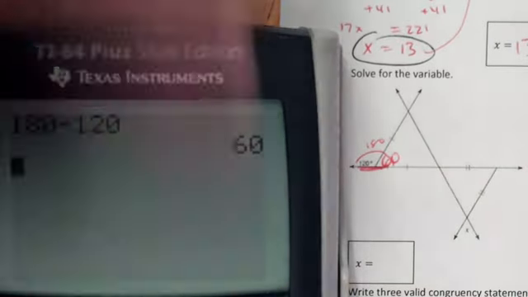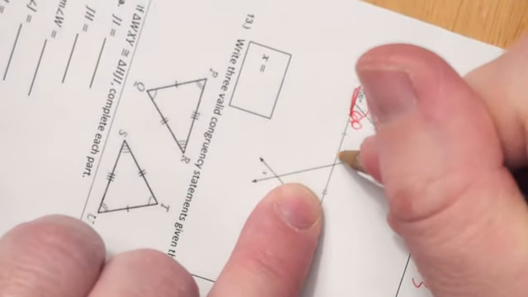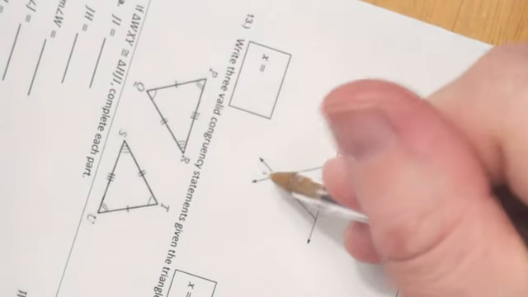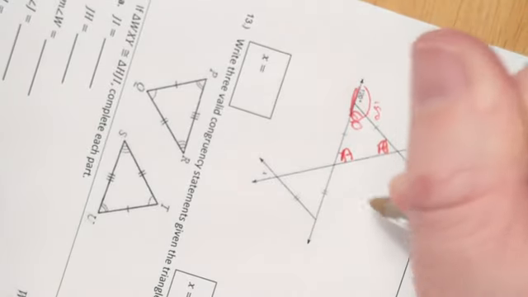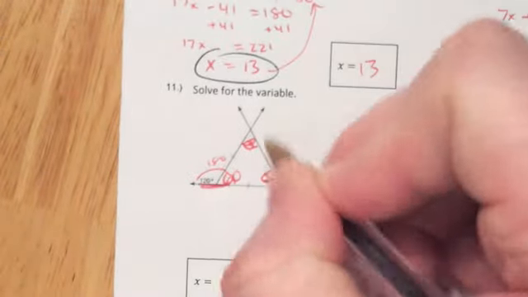All right, so that's great so far. Now, in addition to that, these two arms are equal. That means this elbow and this elbow would have to be equal to each other as well. Now, I don't want to call it x because x is already being used. So I'm going to call this A and A. I know that all three of these add up to 180 degrees.